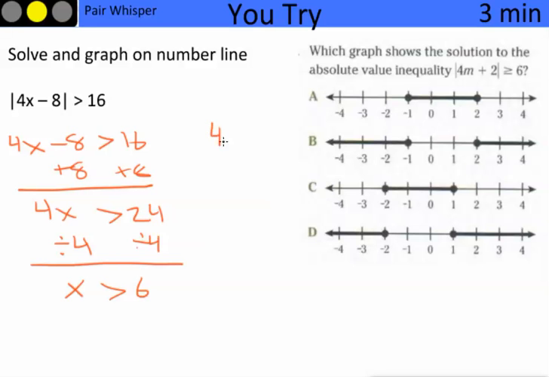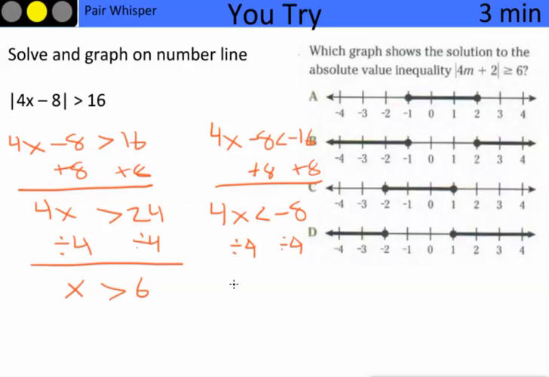We can also, the negative version, 4x minus 8, could be less than negative 16. Add 8 to both sides. Divide by 4. So x could be less than negative 2 also.